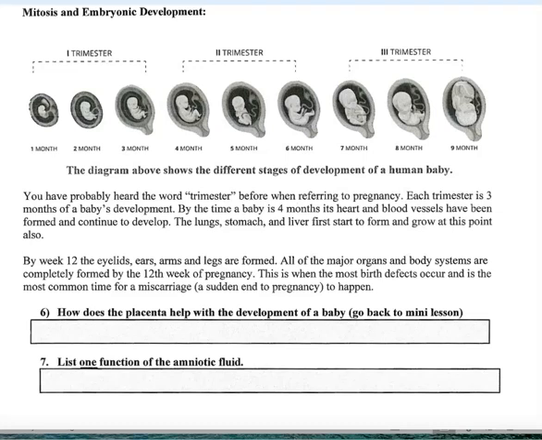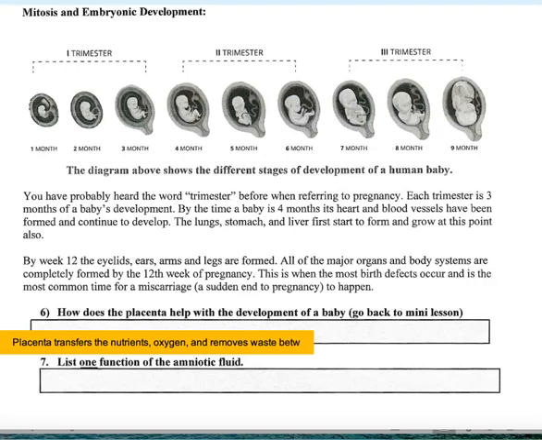We said that the placenta transfers the nutrients and oxygen and removes waste. Okay, so make sure you get that down.